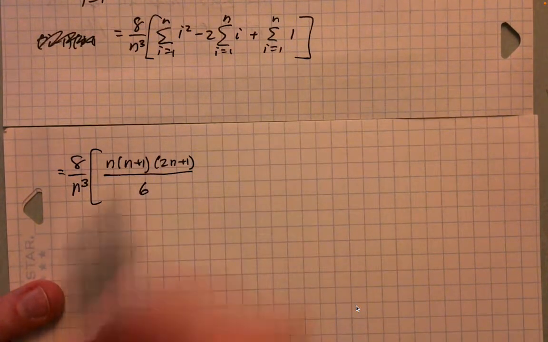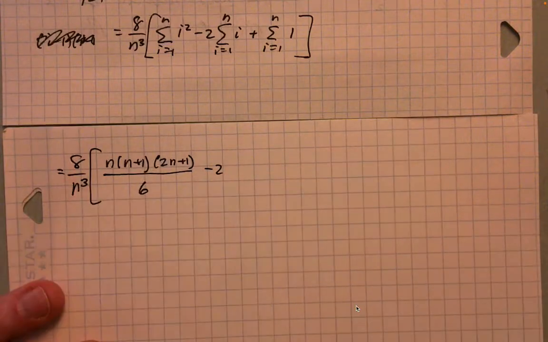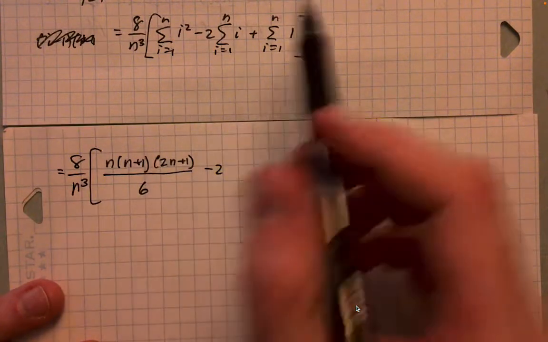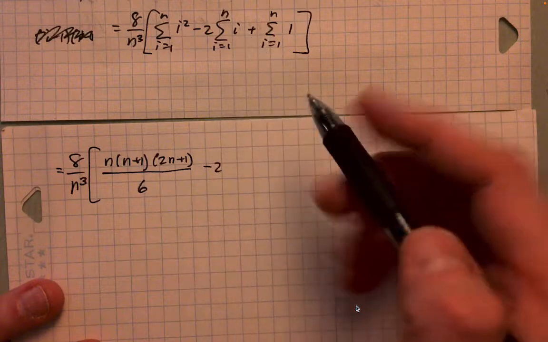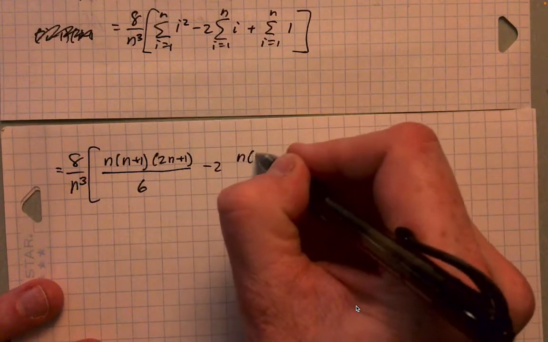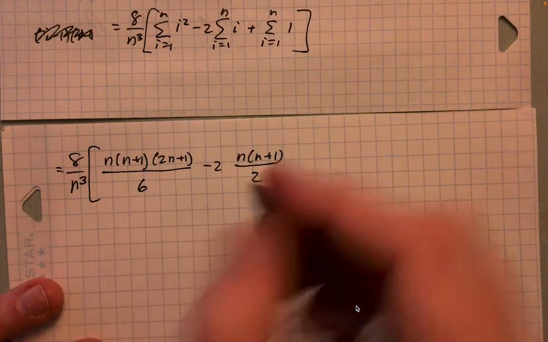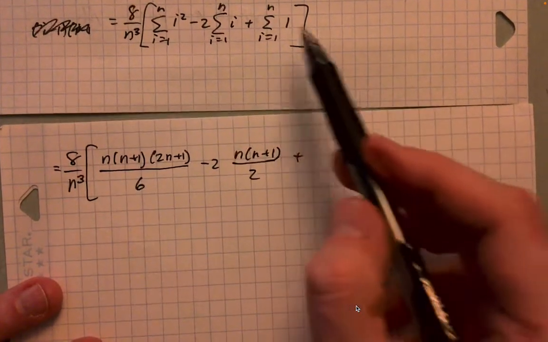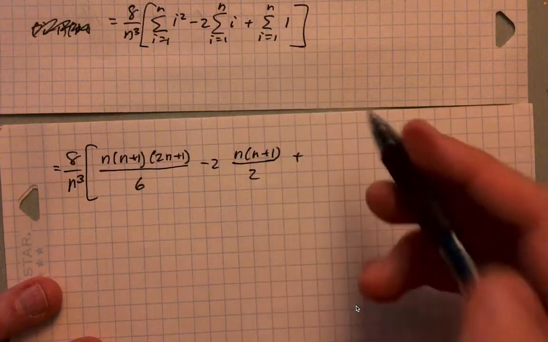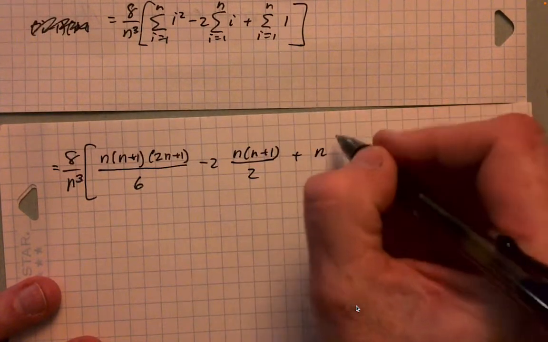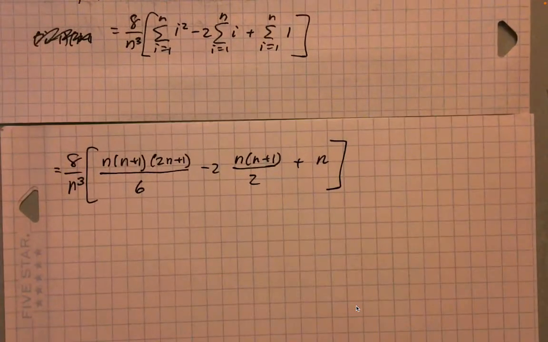And then it's going to be minus 2 times, now what is the sum from i equals 1 to n of i? Well, it's going to be n times (n plus 1) over 2. And then plus, well, this is the sum of 1 up to n, so it's 1 times n, so it's just n. Okay, so we've got this.